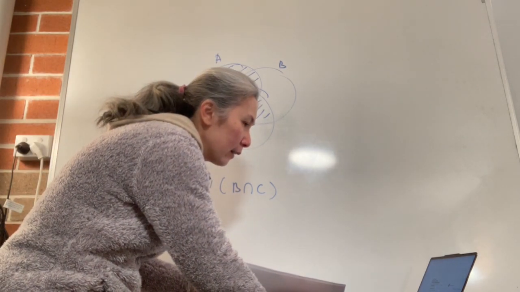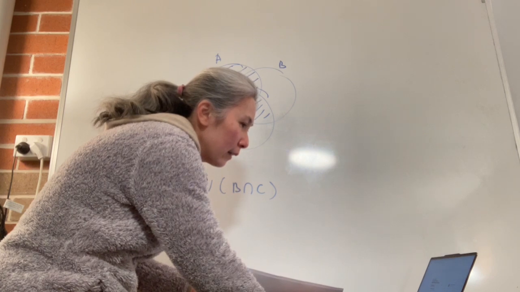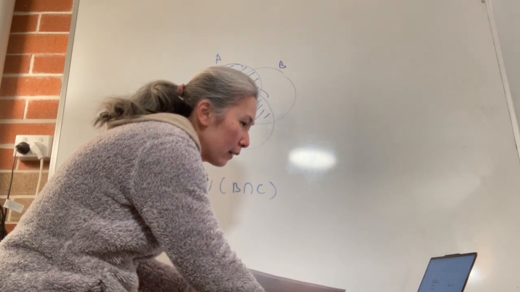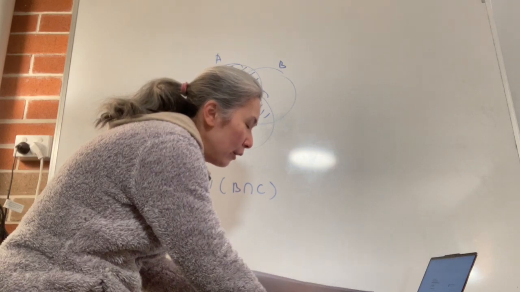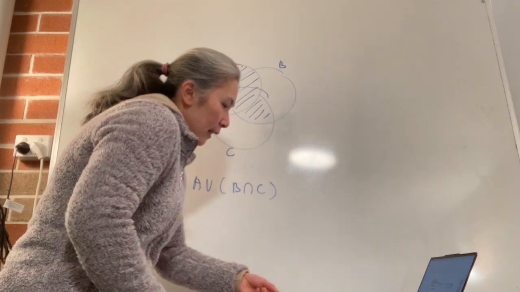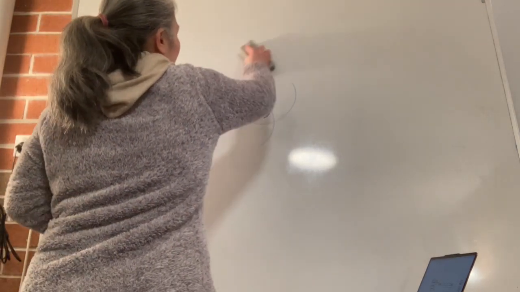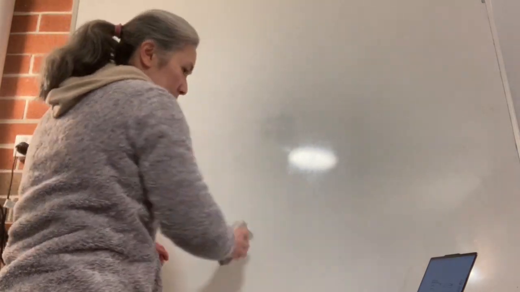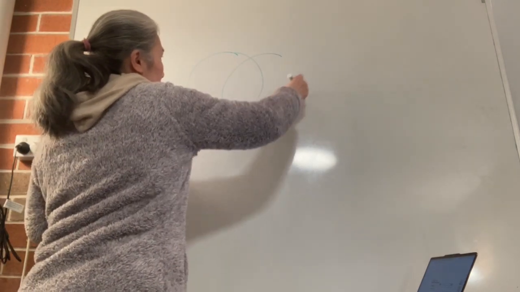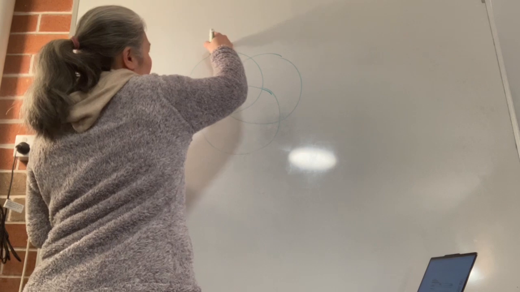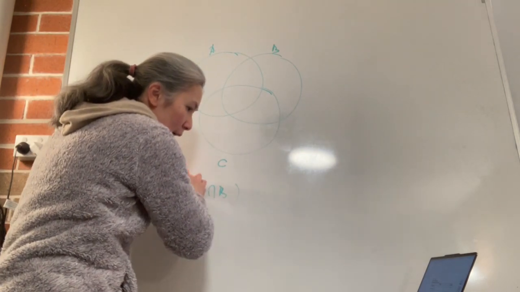Oh, just zoom in. You can zoom in. The next one you are going to have is A intersect B. Not intersecting C. So it's just that tiny bit, right?